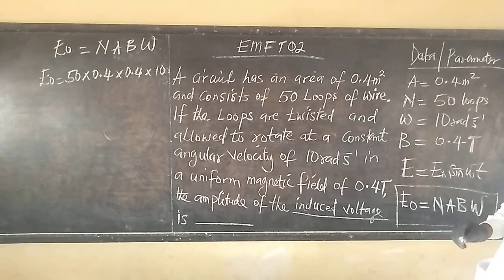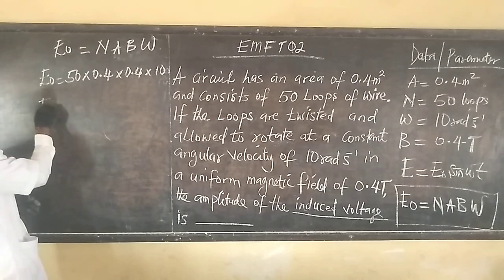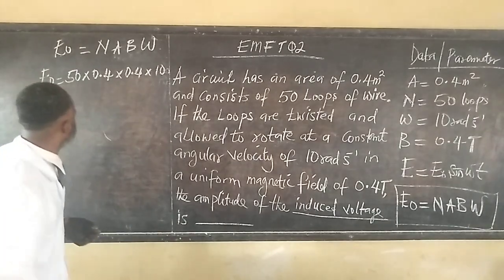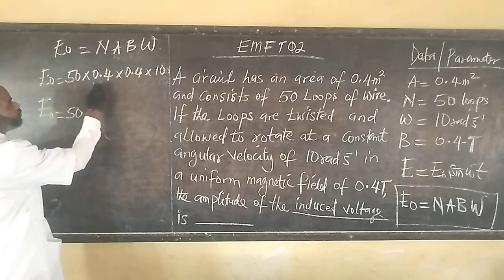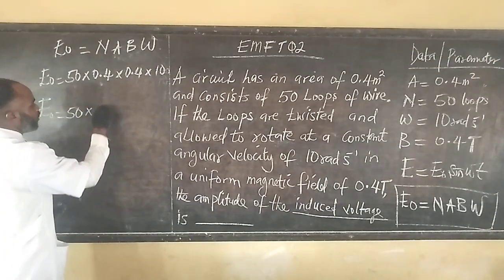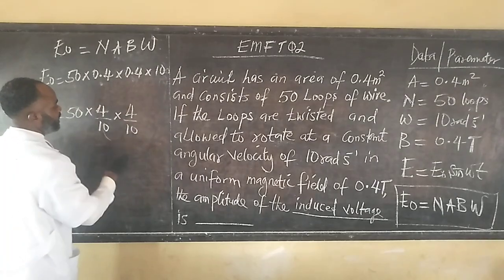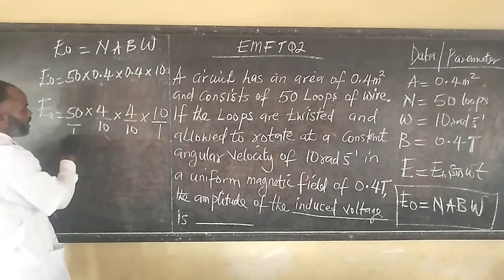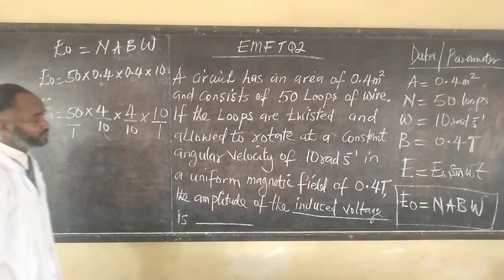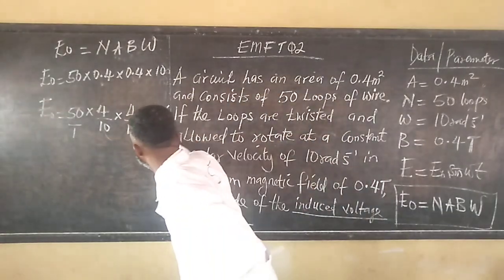The next thing we need to do, suppose we want to solve without a calculator, we can do that quickly. E naught is equal to 50, and we convert 0.4 to 4 over 10, the same thing here, 4 over 10, and then 10 over 1. So 10 cancels 10.